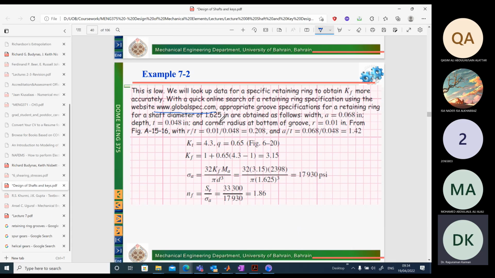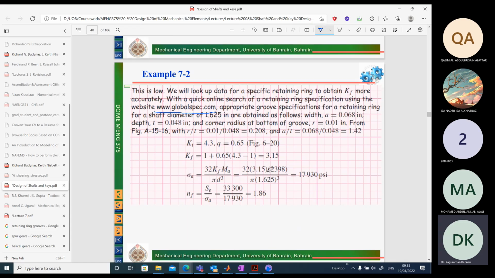Based upon the shaft diameter here, 1.625 inches, we get the dimensions here, A, T, etc. These are the retaining ring groove dimensions. And with the corner radius, if you have fillet radius value r equal to 0.01, we can calculate KT, Q and KF values.